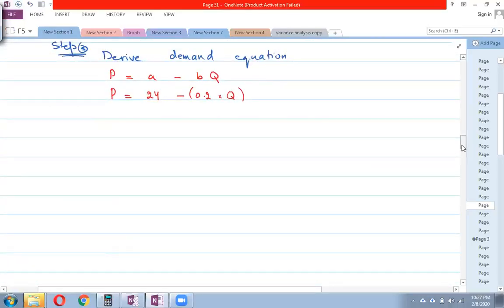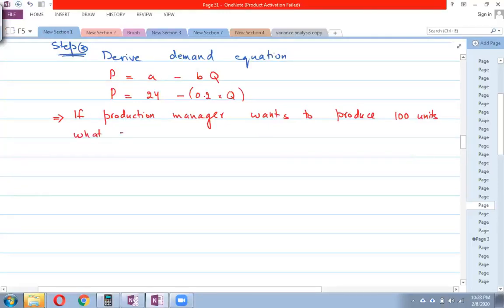So I'll give you an example. If the production manager wants to produce 100 units, what should be the selling price?